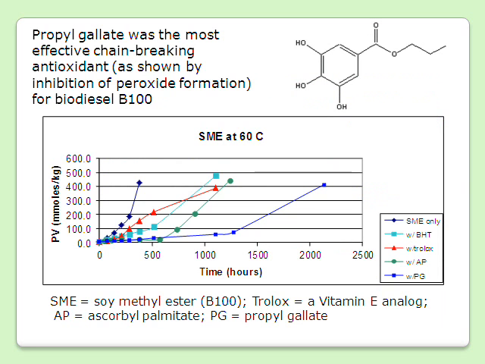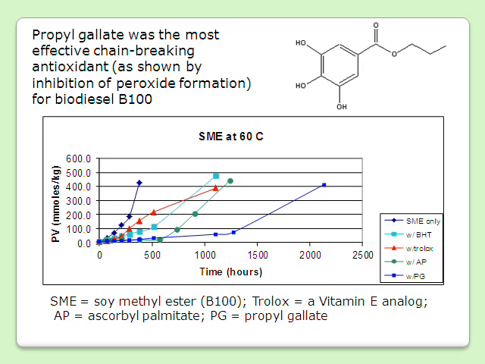So we looked first at chain-breaking antioxidants. And this graph shows the different kinds of chain-breaking antioxidants we tested. We first looked at B100. It was a soy methyl ester, fairly pure, and we heated this at 60 degrees to induce the formation of peroxides and other oxidation products.